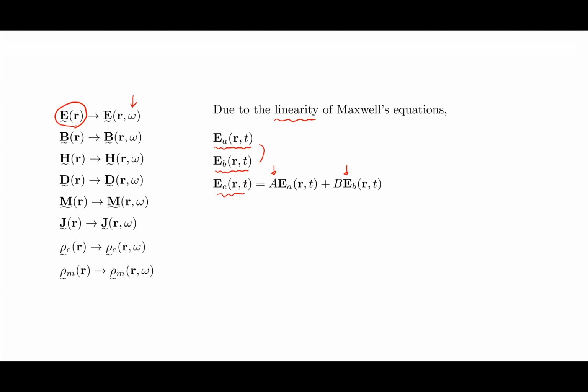It means that if we combine solutions at different frequencies, let's say this is our solution at a certain frequency, let's say omega 1. This is one solution, and another solution at a different frequency, and their linear combination, any linear combination, is going to also be a solution of Maxwell's equations.